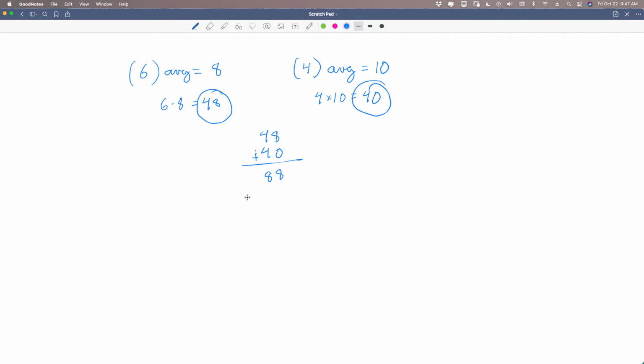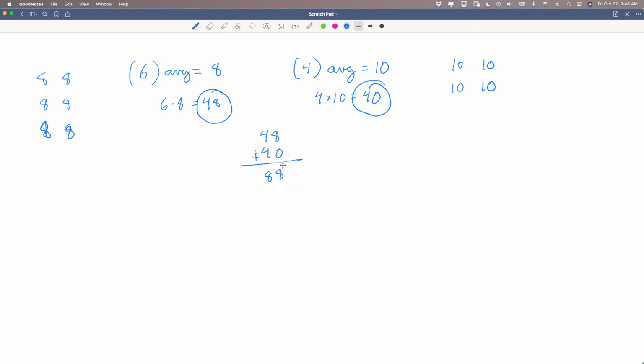Because we have 8, 8, 8, 8, 8, 8. We have 6 8s here. And we have 4 10s here. Right? So if we added all of these up, we get 88. You see that? I'm sure you see that.